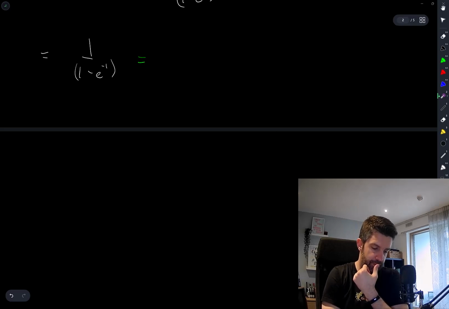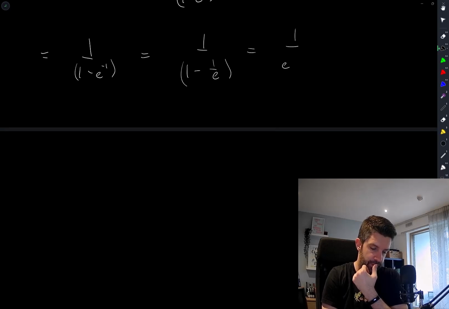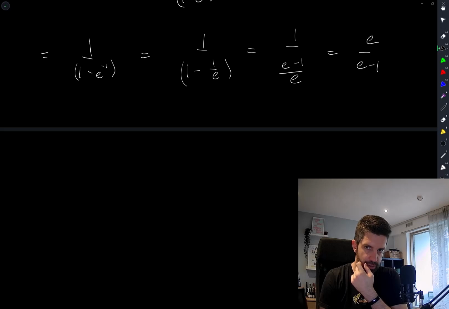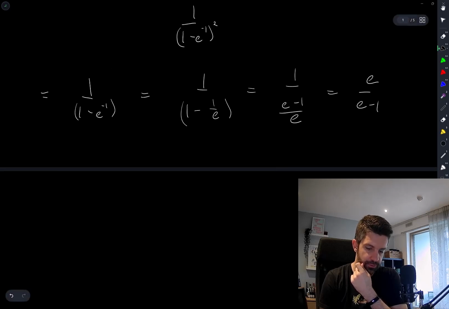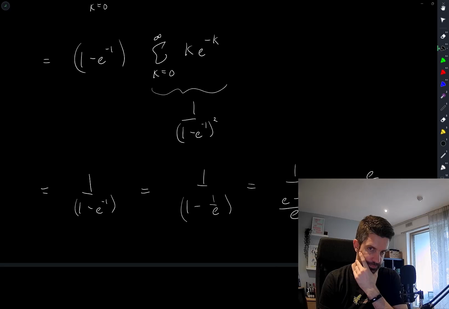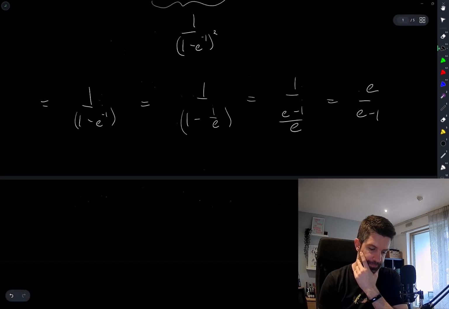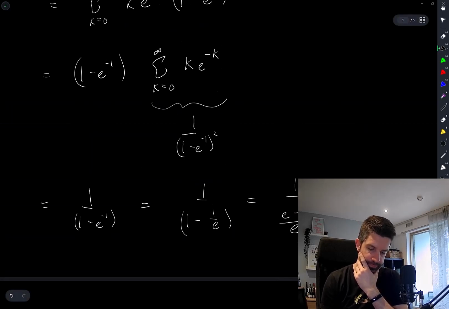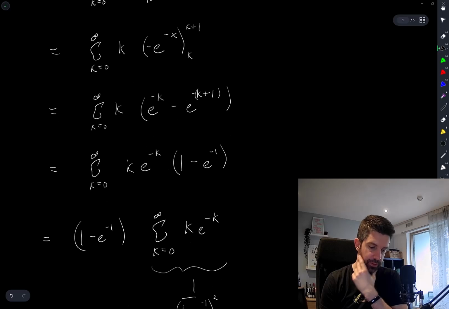Unless maybe this is 1 over 1 minus 1 over e, which is e over e minus 1. No, that's still not one of the options we're given. Okay, I'm going to have to take some time to try and derive the formula for this thing.